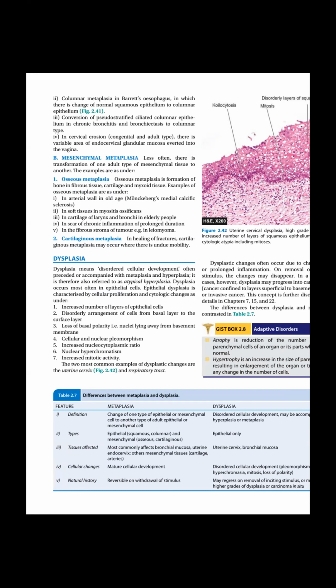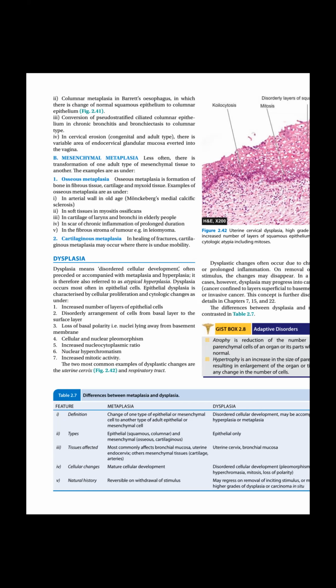The last is dysplasia. The main parts are metaplasia and dysplasia. Dysplasia means disordered cellular development. This is mainly seen in cancer or with any increased mitotic activity, any increased activity of the nucleus, any changes happening in the cell in an increased manner.